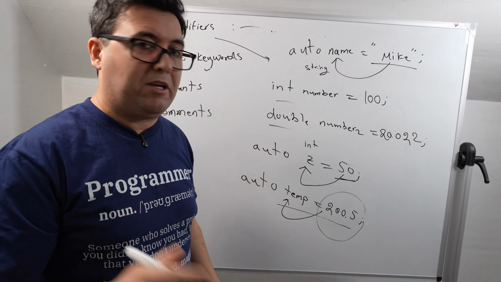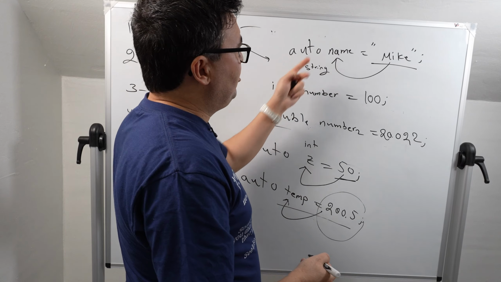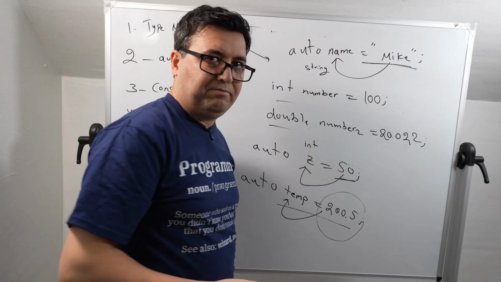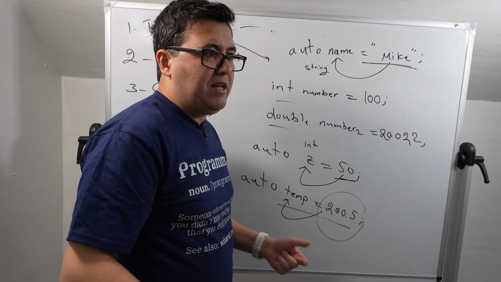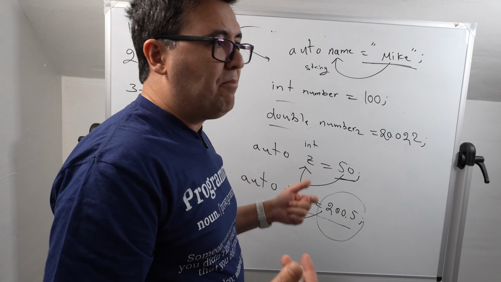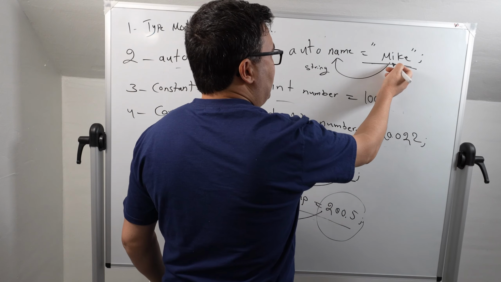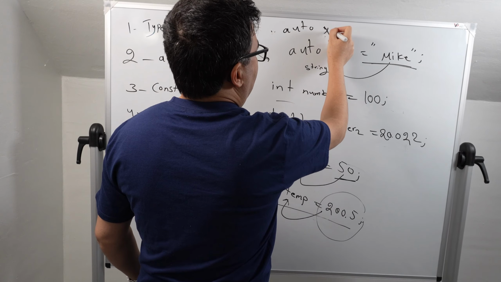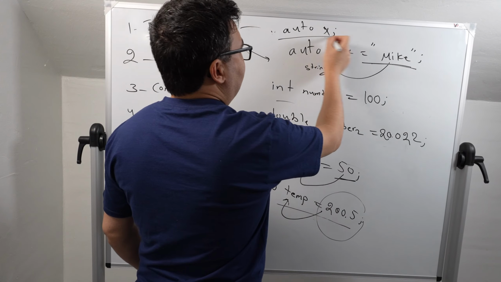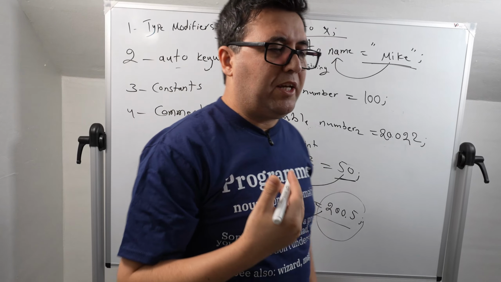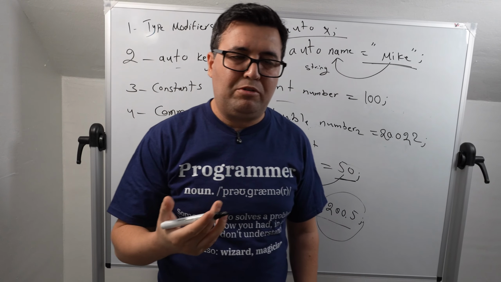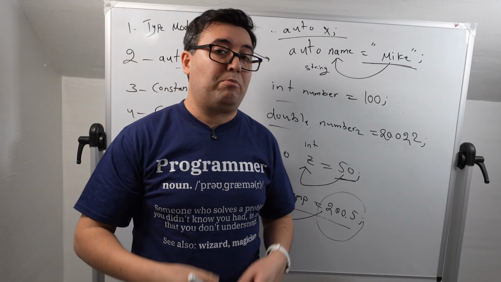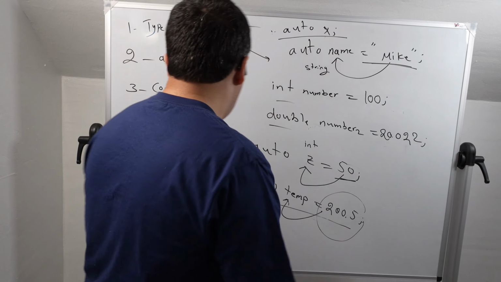And be careful when you put auto, you have to initialize that variable, because the compiler determines the type of the variable based on the value. So you cannot say auto x and semicolon. No. When you declare a variable with type auto, at the same time you have to initialize it also. Otherwise the compiler gives you an error, and your program will not compile or execute.